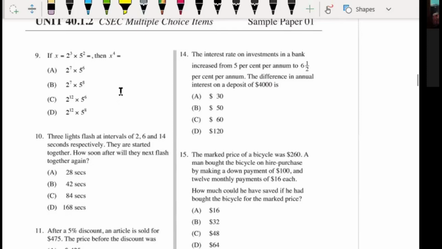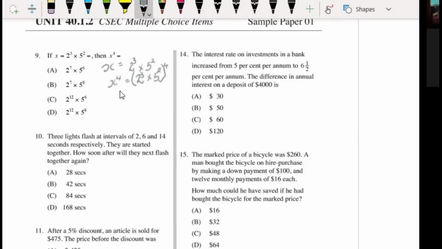Now, this just begs us, if you have x is equal to 2 to the third power times 5 to the second power, therefore x to the fourth is equal to 2 to the third times 5 squared, all raised to the fourth power.